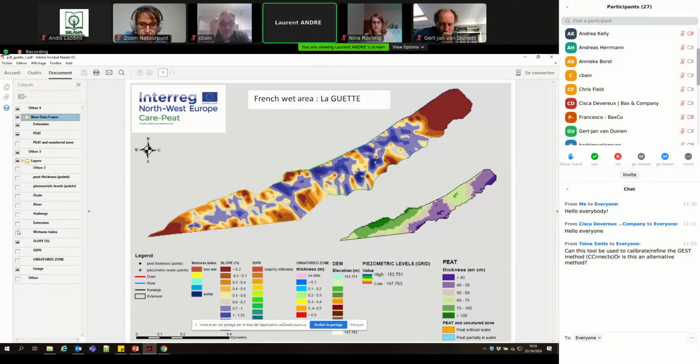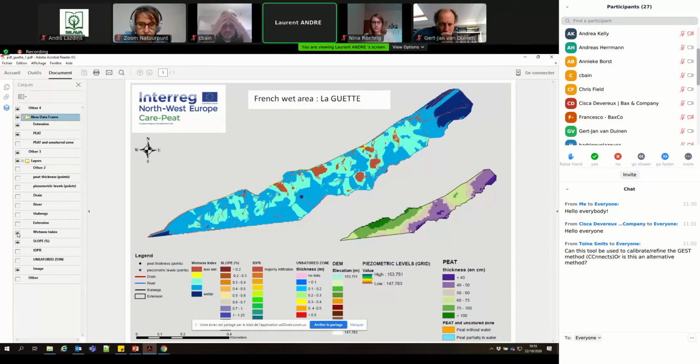You can add the wetness index, the drains, the rivers. And so the idea is to propose some scenarios to the manager with this file, and to imagine some calculations of GHG fluxes. So this is something dynamic that we want to release to the manager at the end of the project.